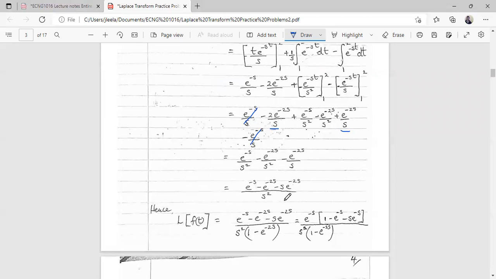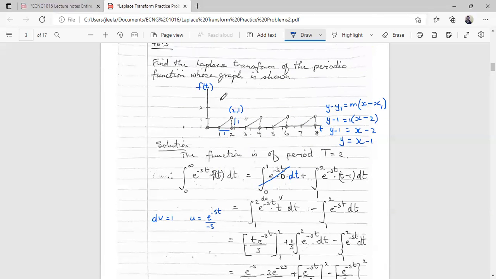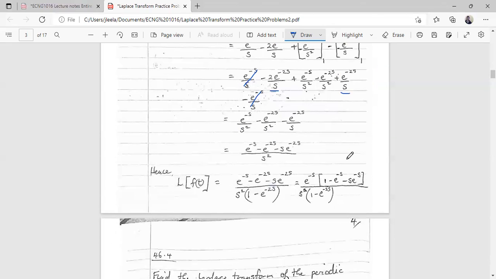So therefore, we could make s squared the LCM, so we'll have to multiply this third term here by s. So you'll have e to the minus s minus e to the minus 2s minus s e to the minus 2s over s squared, and then the Laplace transform now of this periodic function. Remember that the period is 2, right?